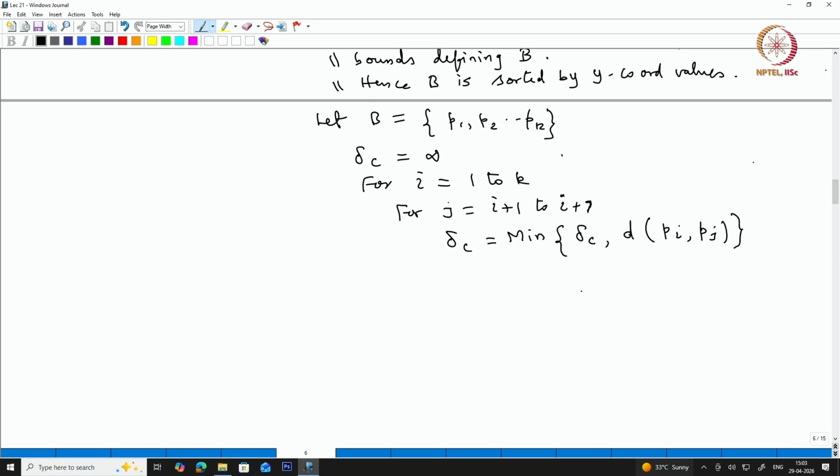Thereby delta C is the minimum distance between the points in the delta band.